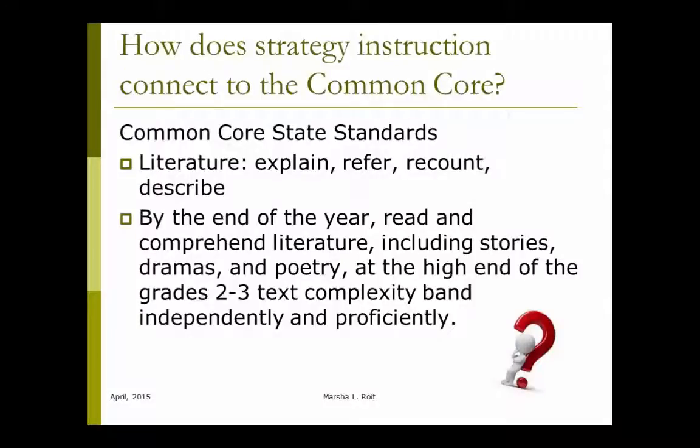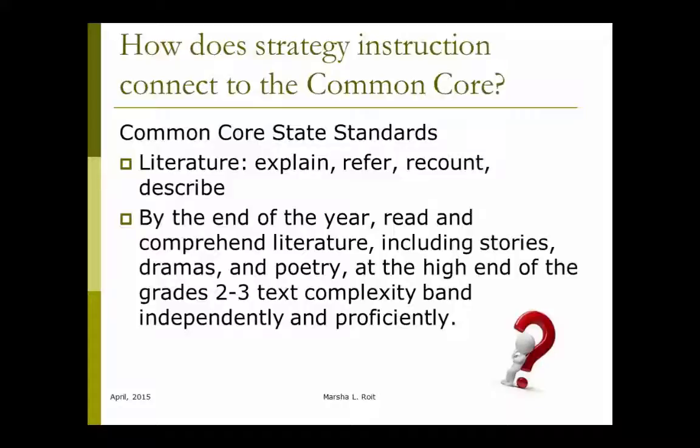Now, the next question is, how does this connect to the Common Core standards? This is the standard for second and third grade. The standard says for literature to be able to explain, refer, recount, and describe. And by the end of the year, students should be able to read literature, including stories, dramas, and poetry, at the high end of complexity, and be able to do that independently and proficiently.